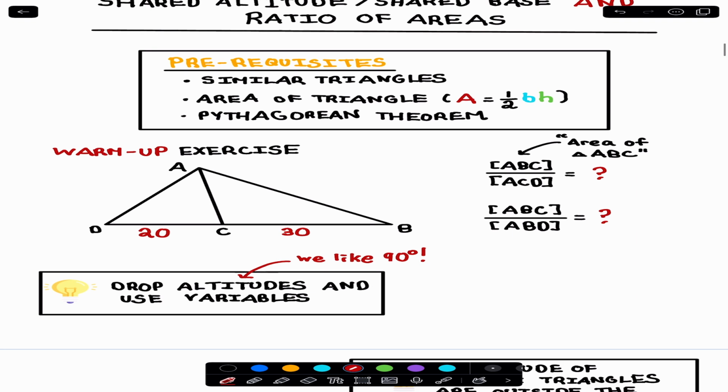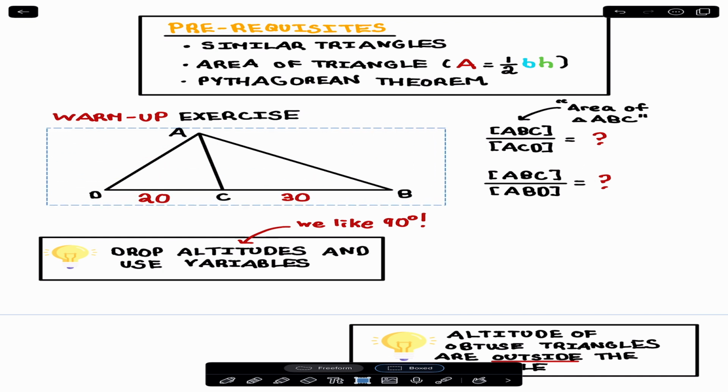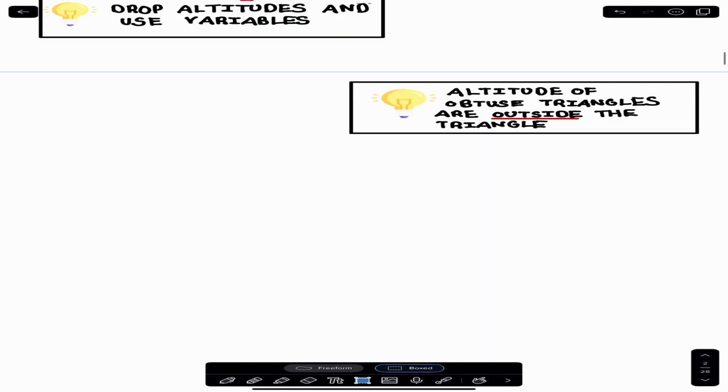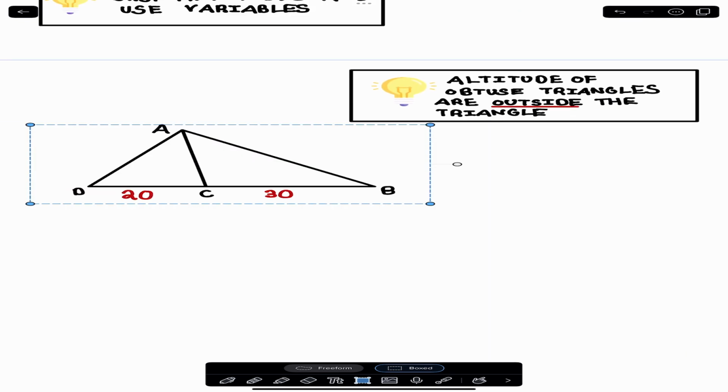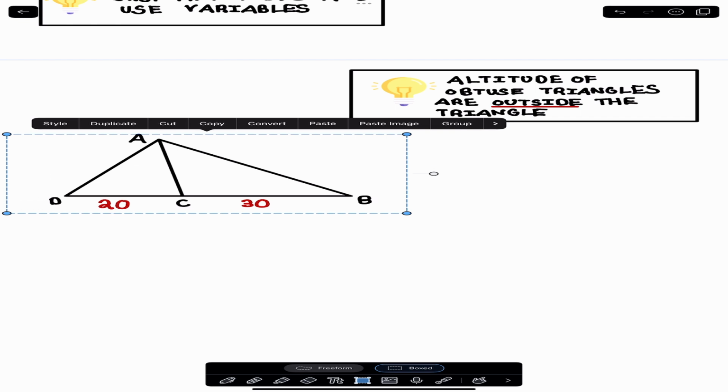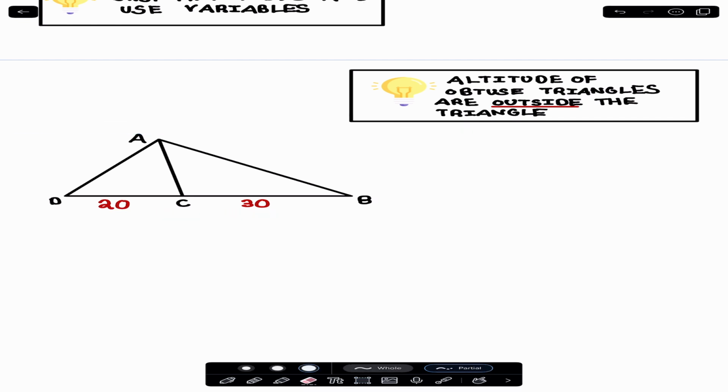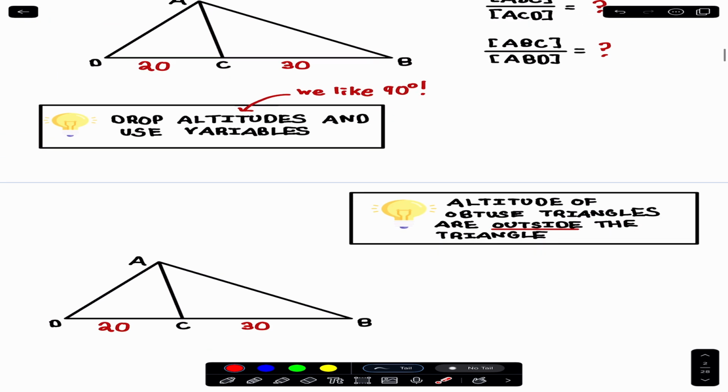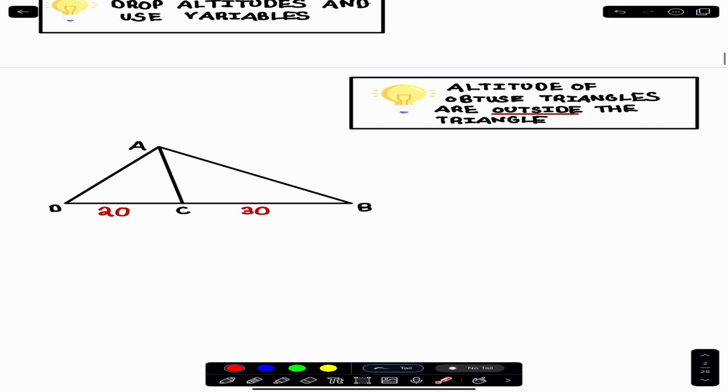So to answer our first question, I'm going to take this triangle and paste it over here. Now the thing with this triangle is, I see there are two triangles within this bigger triangle. There's triangle ABC and triangle ACD. So I think what we're going to do is split them and look at them individually.